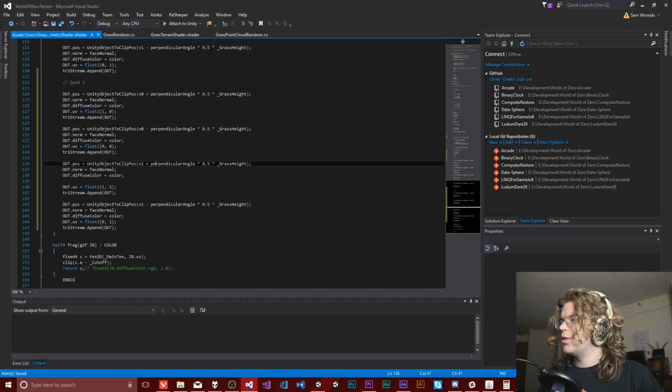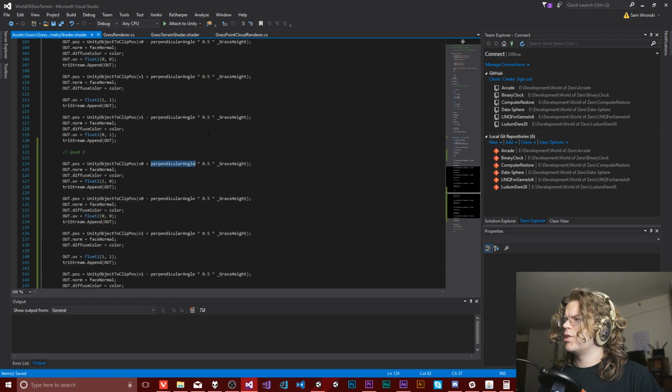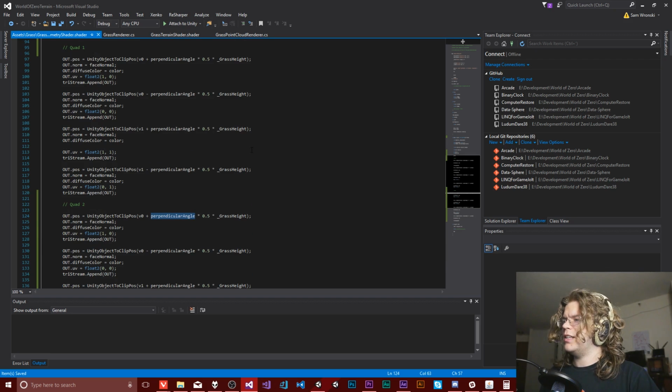So we have our point plus the perpendicular angle, which we don't need anymore. So this normal perpendicular angle, we don't want to work with that anymore. We want to work with something else. Let's see, a float 3.